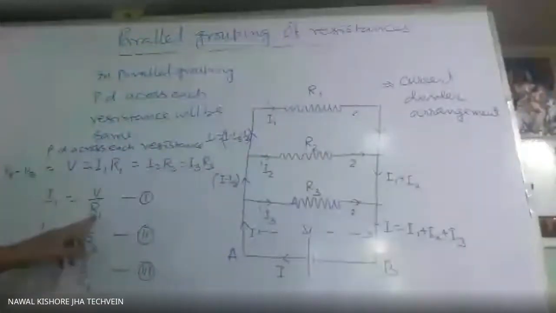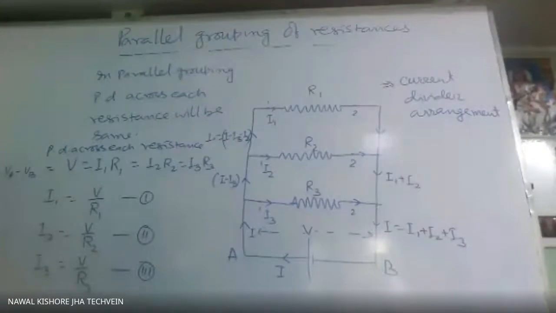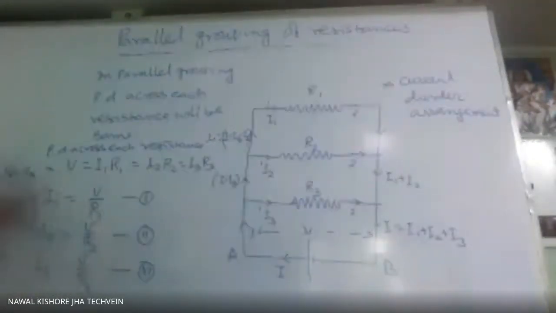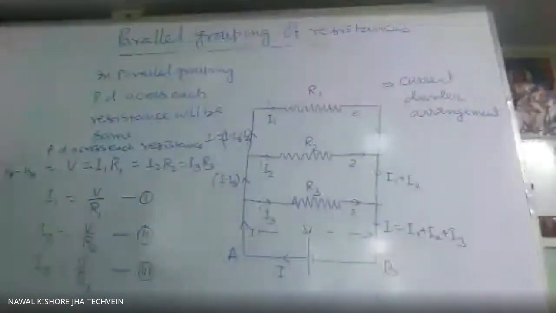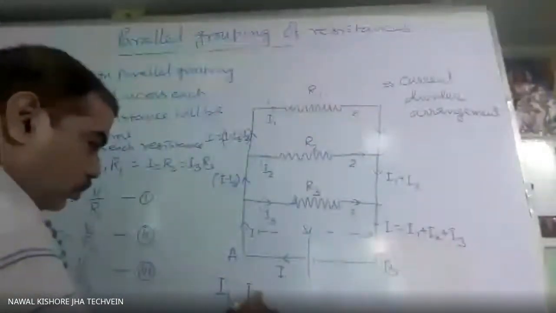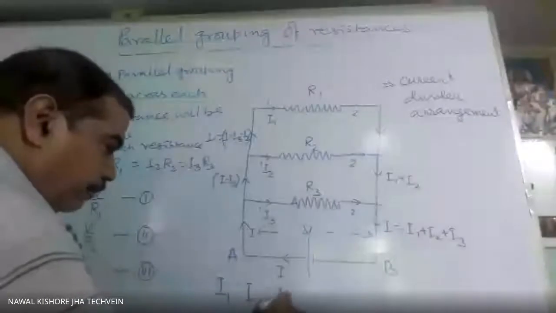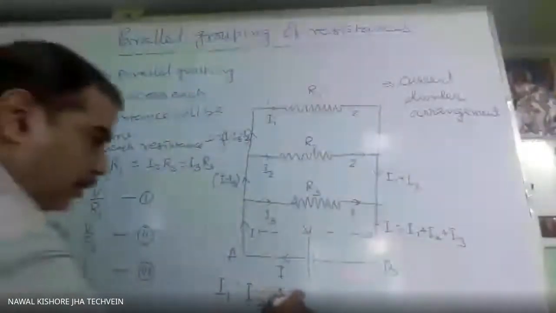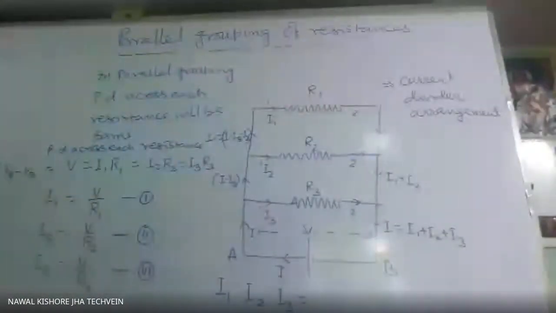So from here what we are getting? This current will be inversely proportional to resistance. If R1 is more, naturally this I1 will be less, because V is the same. So here what will you get? I1 is to I2 is to I3 equal to how much?